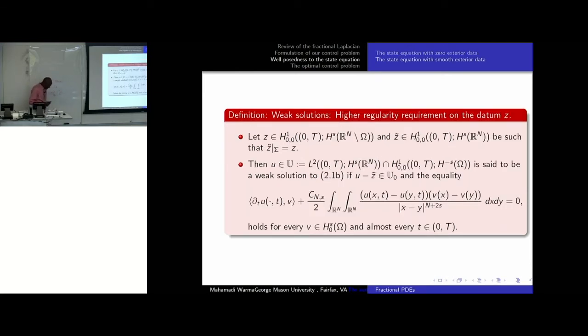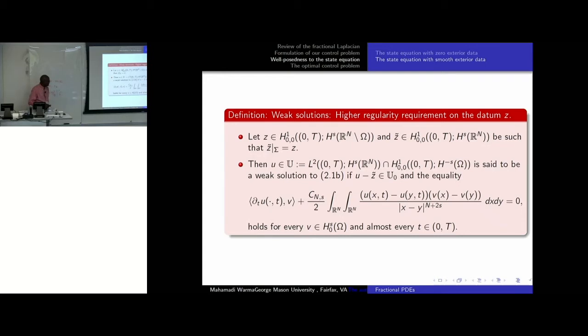Now, let's see the second case where we give a higher regularity, but we have a non-homogeneous exterior term. We assume that the non-homogeneity Z is in H1 with values in H^s of the complement.